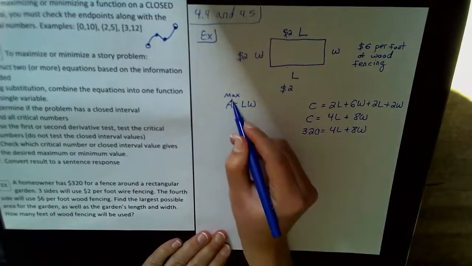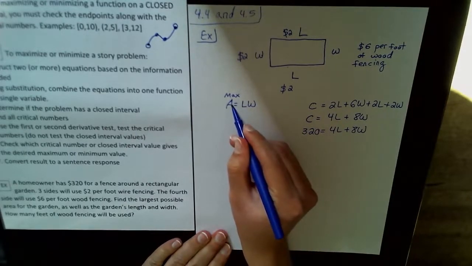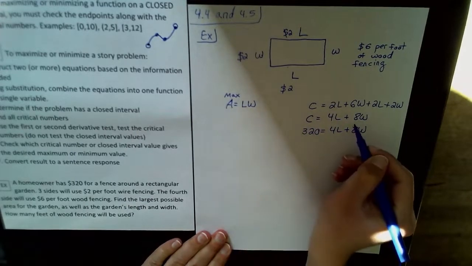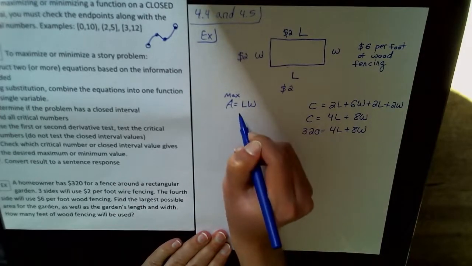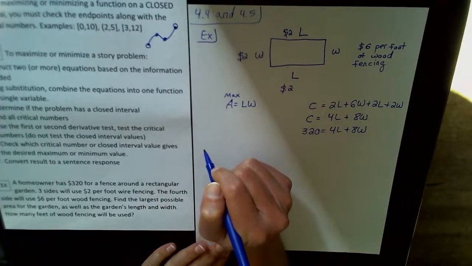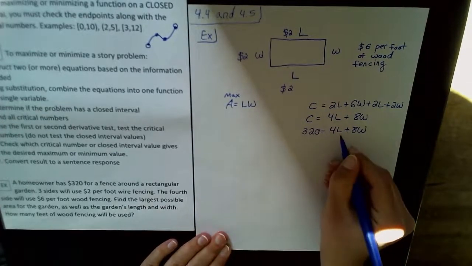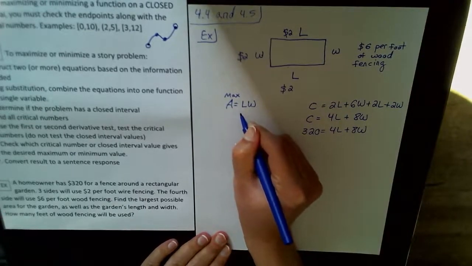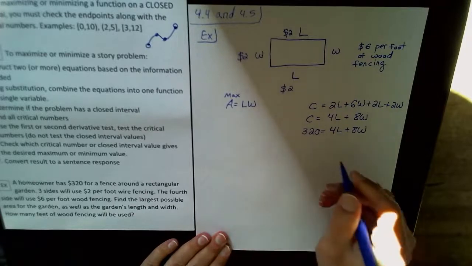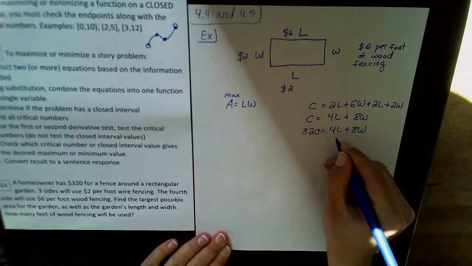Well, because we're maximizing the area, we need to plug the other equation into this to create an area function that we can perform the second or first derivative test on. So, to do that, we need to solve for L or W and plug it into this equation. I'm going to go ahead and solve for L.